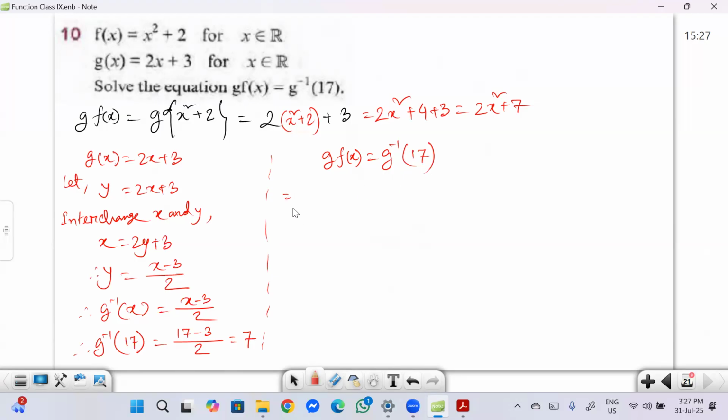From there, you can replace g of f of x with the finding we got, 2x squared plus 7, and g inverse 17 would produce a 7. If you simplify, you will get 7 minus 7, 0. That means x squared equal to 0, so x equal to 0. So for x equal to 0 only, these two things can be the same.